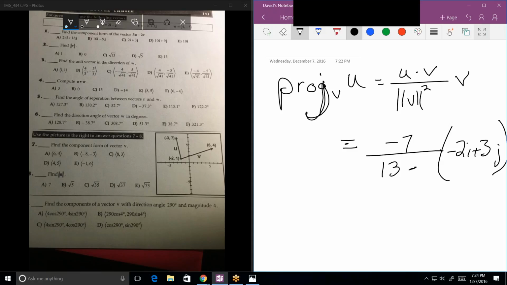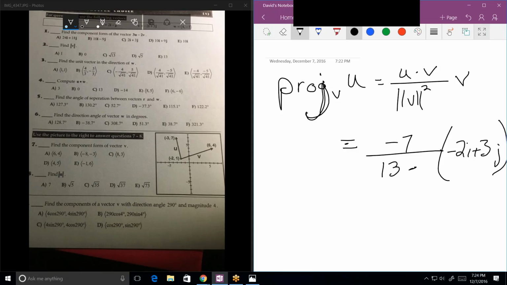Oh, no. It looks like our answer has to have a square root of 41 in the denominator. Just a second. Have you had the angle between vectors yet? All right. Wait 1 second. Let me read this correctly. U dot V over V squared.